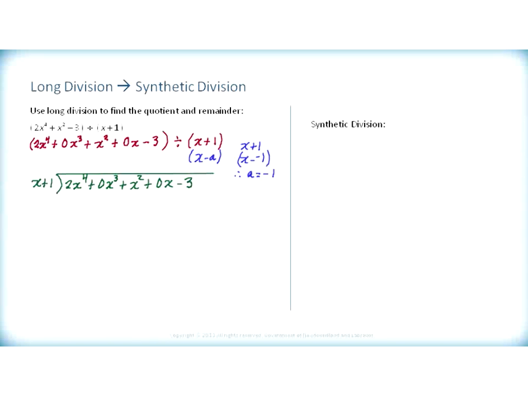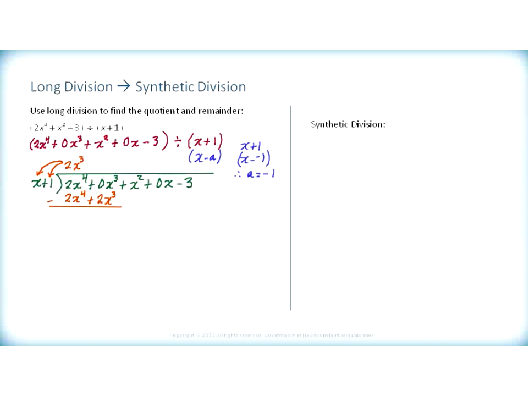And the answer is 2x cubed. Multiplying 2x cubed by both terms in the divisor, we have 2x to the 4 plus 2x cubed. The purpose for putting in the 0x cubed is so that we can line up our like terms. X cubes have to go under x cubes.